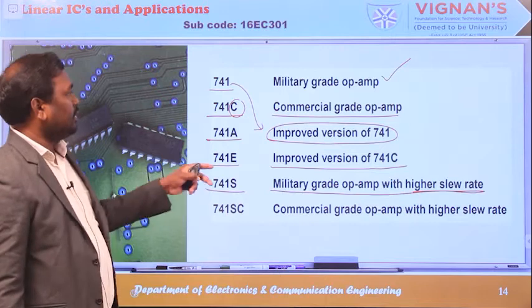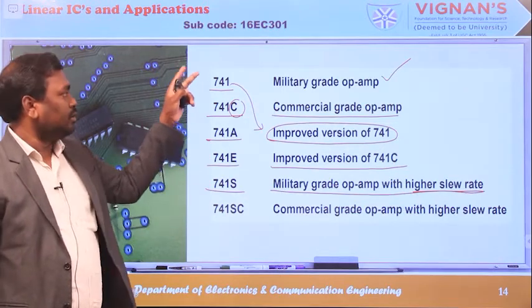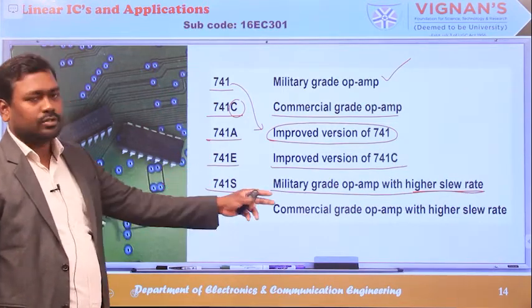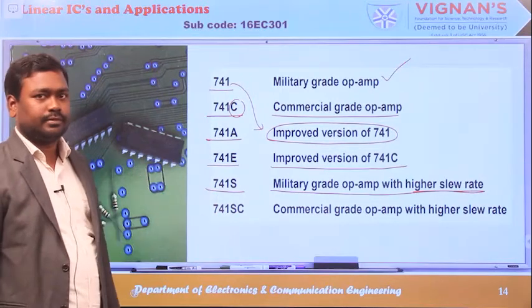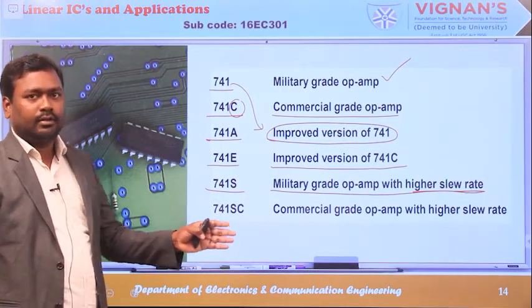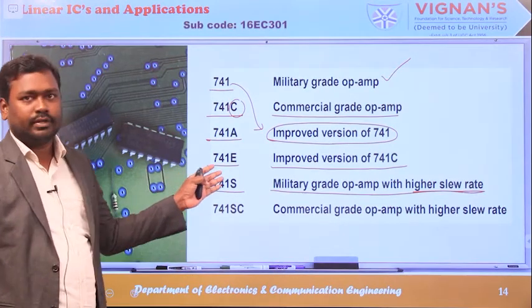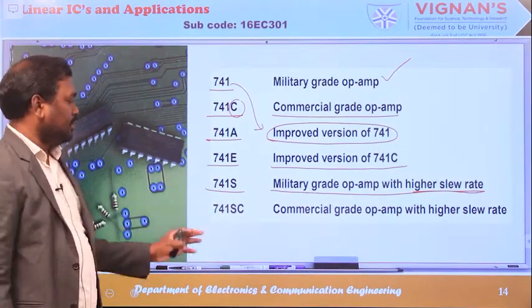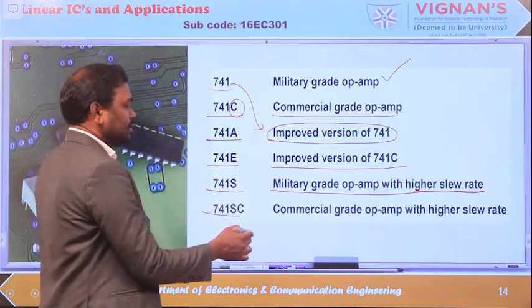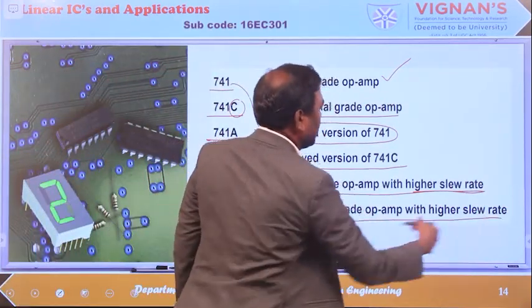So there are two military graded op-amps: one with high slew rate and one with the normal slew rate. Wherever you need high slew rate for your application, there you go for 741S. And 741SC is a commercially graded op-amp with high slew rate.